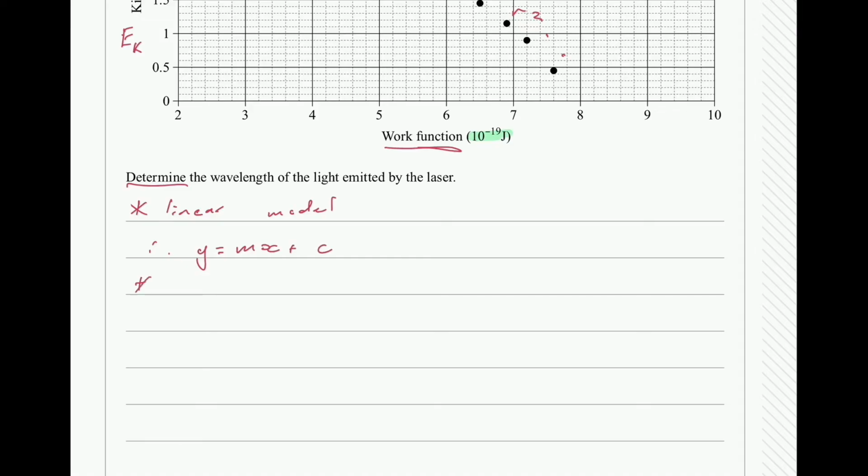But what other formulas relate to this scenario? The scenario here relates to our photoelectric effect formula, so it relates to this one here: Ek is equal to hf minus W.